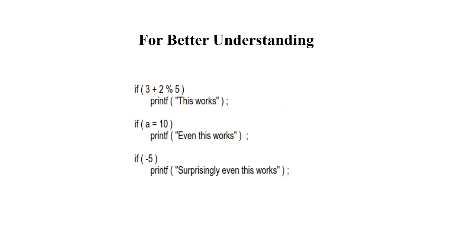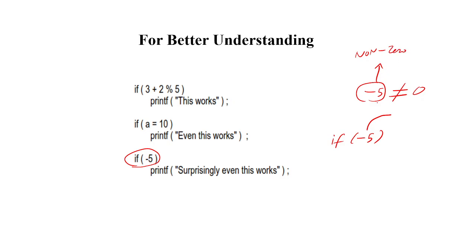In the third example, we have a statement like if -5. As we know, -5 is not equal to 0, meaning it is a non-zero quantity, so it is also true.